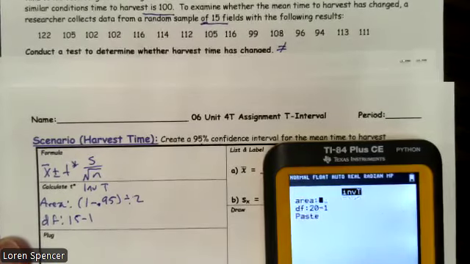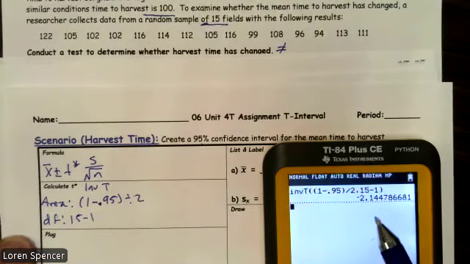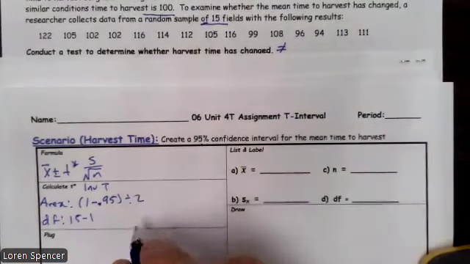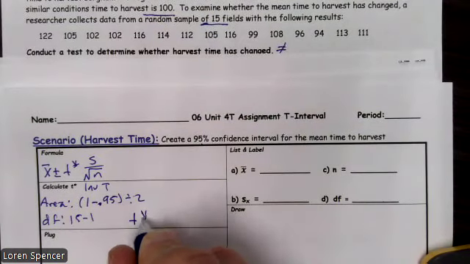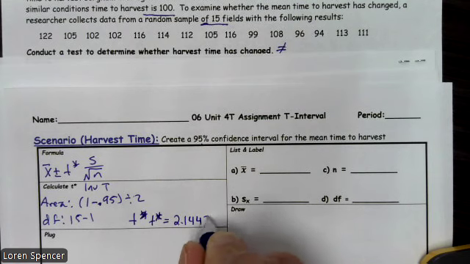So parenthesis 1 minus 0.95, close parenthesis, divided by 2, degrees of freedom 15 minus 1. And we get a t star of 2.1447.